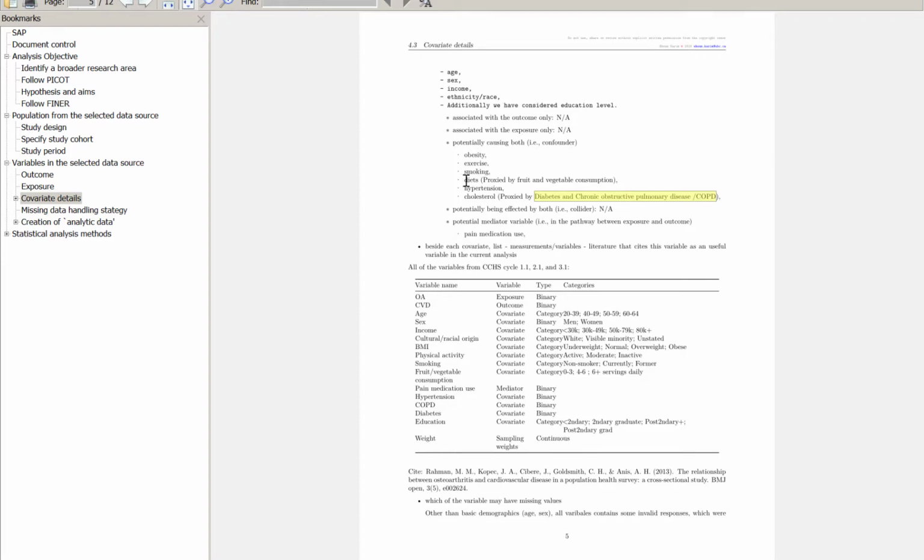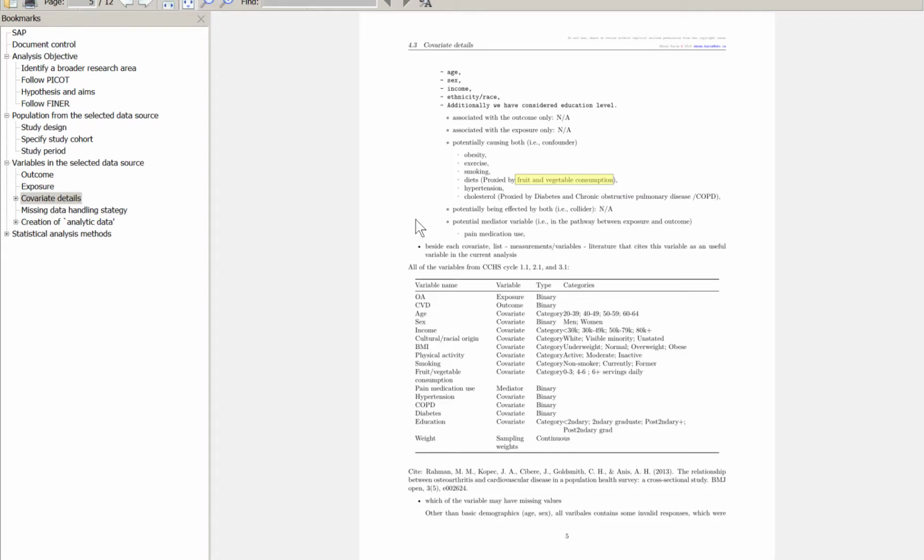Also, a diet variable is not available directly, but there is some information about whether the subject had any fruit and vegetable consumption or not, and so I was using that variable as a proxy for diet.